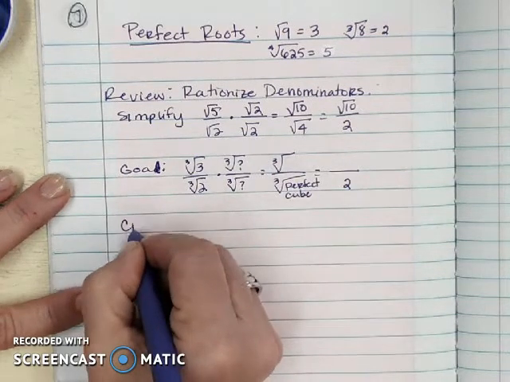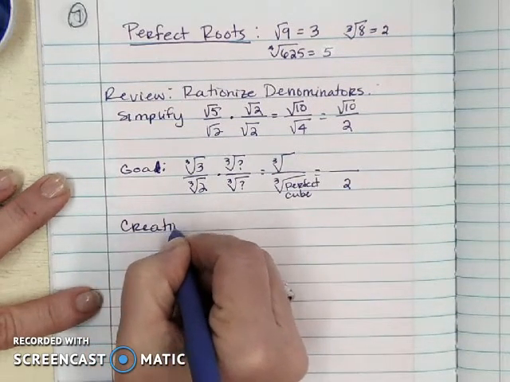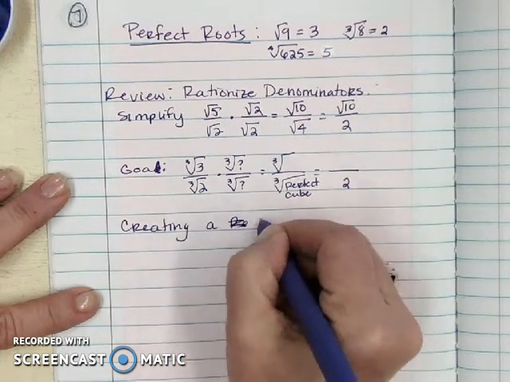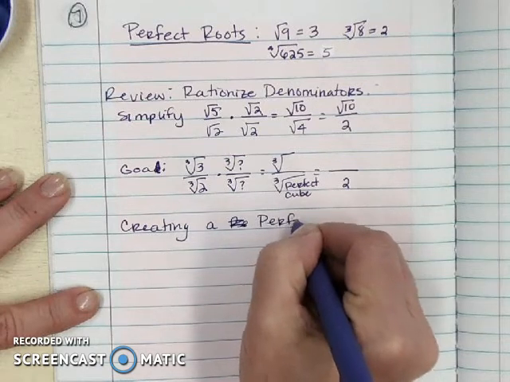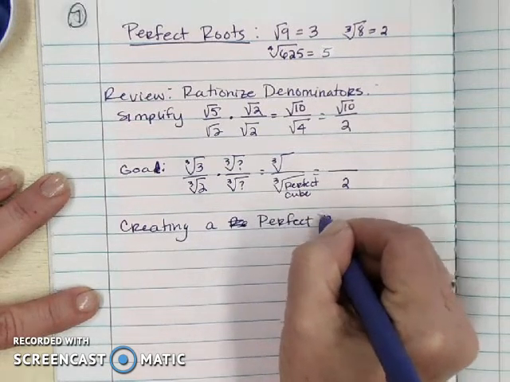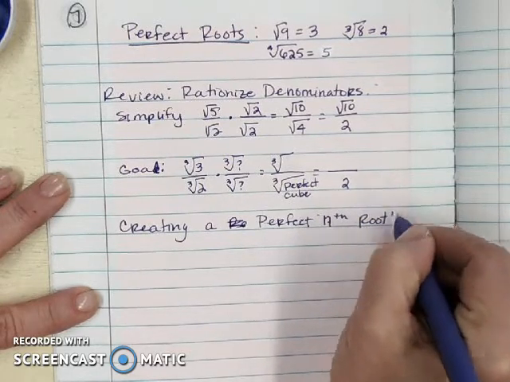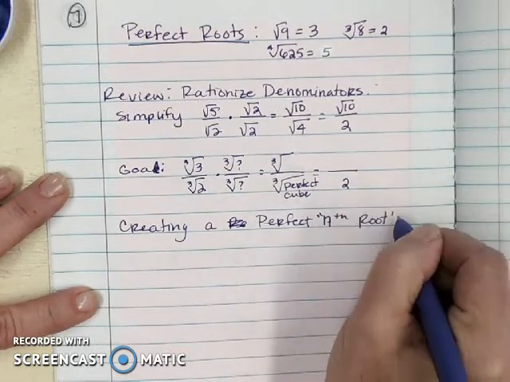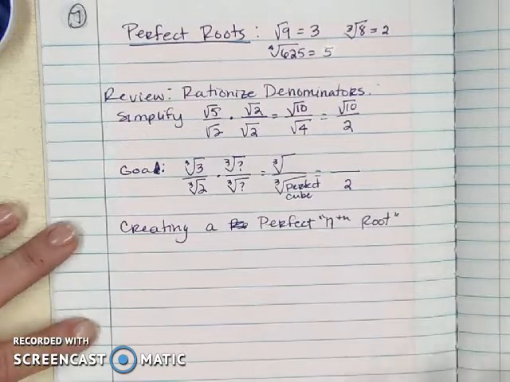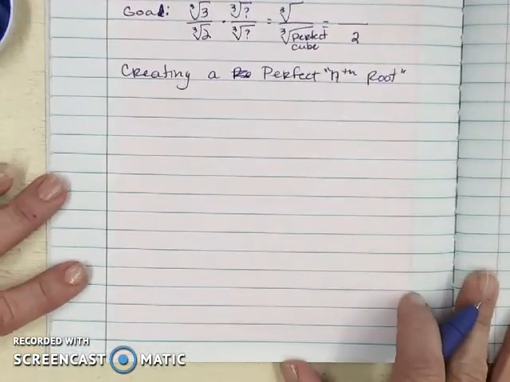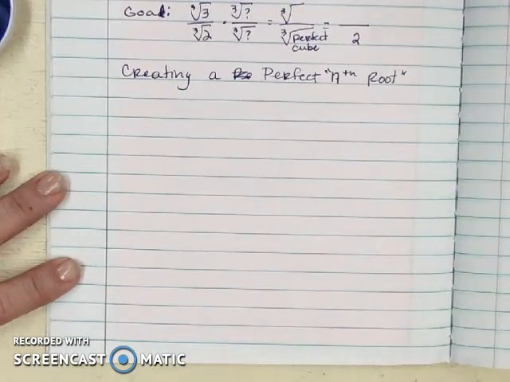So this is what we're going to do real quick. We're going to create a perfect nth root. In other words, it can be a square root, a cube root, a fourth root, a fifth root, whatever. It's just knowing what you have to multiply by to be able to simplify it.